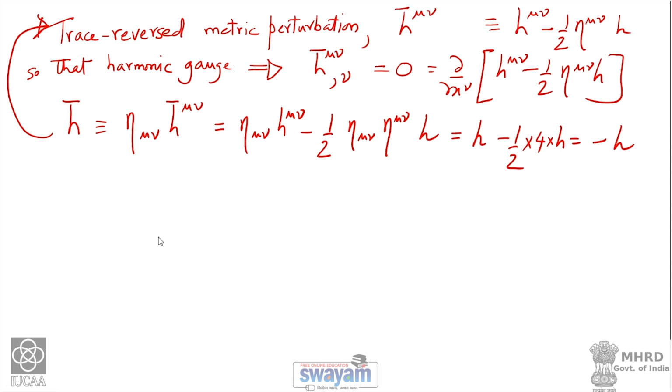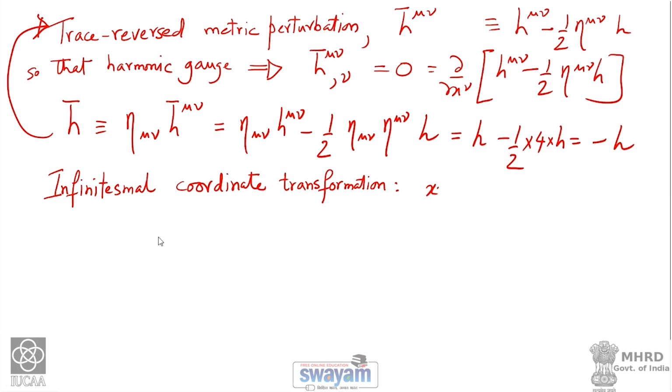To demonstrate that, let us use an infinitesimal coordinate transformation, where our quasi-Minkowskian coordinate x mu is transformed to a new quasi-Minkowskian coordinates x prime mu, which is old x mu plus a small parameter epsilon times a vector field.